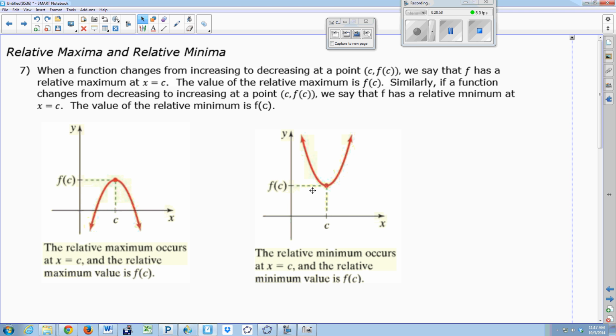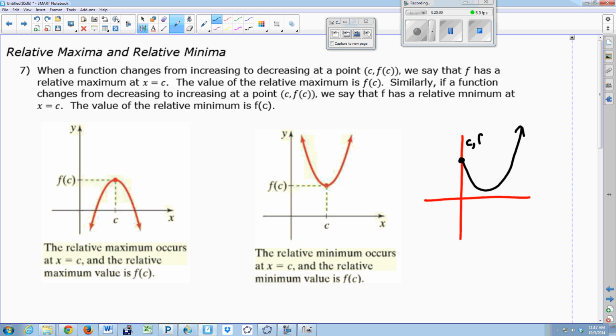In other words, if I had a graph that looked like this, and let's say that point was (c, f(c)), and this point was (d, f(d)), you could not say f(c) is a relative maxima because there's nothing on the other side of this.